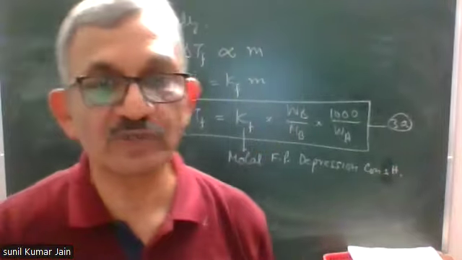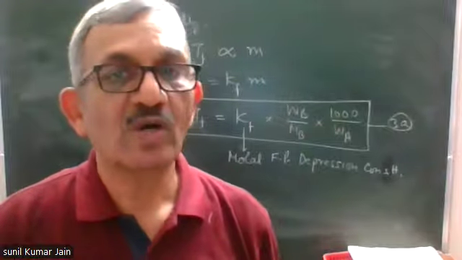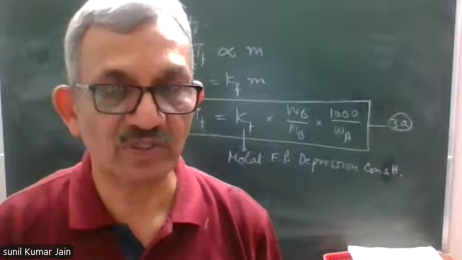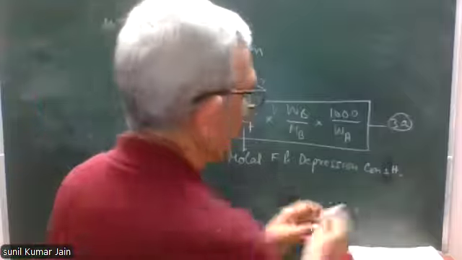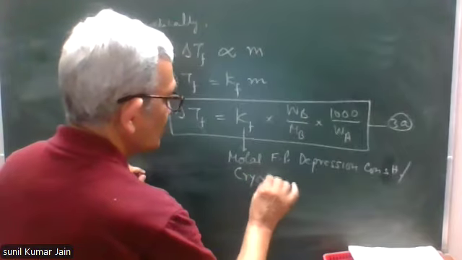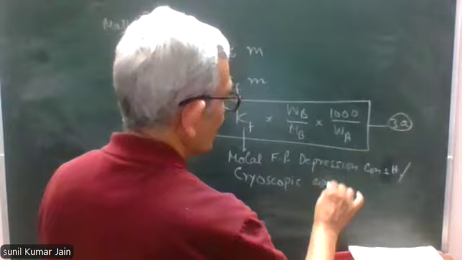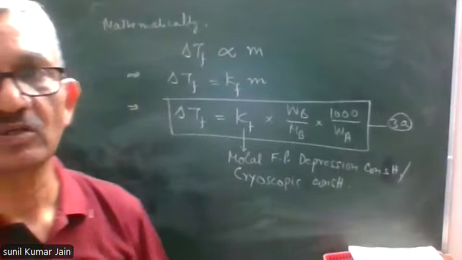Two more terms which you need not write: freezing point depression constant, or depression constant. But one more special term you must write, also called cryoscopic constant.